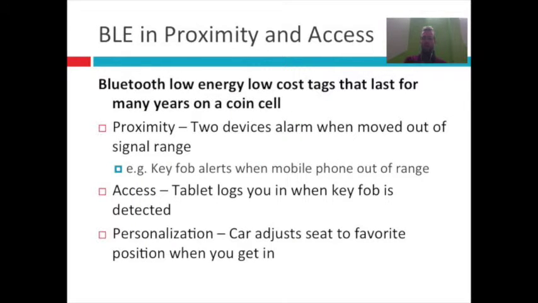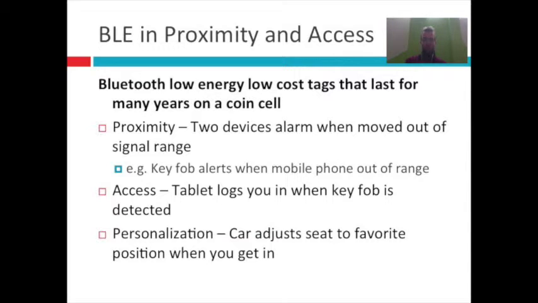So, how can you actually use Bluetooth Low Energy for proximity and access? The basic idea is that you can have Bluetooth Low Energy low-cost tags that last for many years on a coin cell. And you can use them for a number of different applications. An example is proximity.